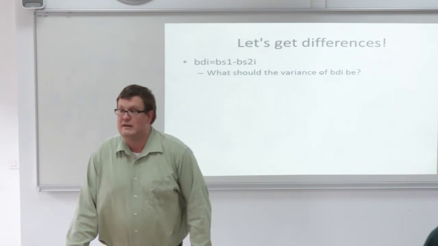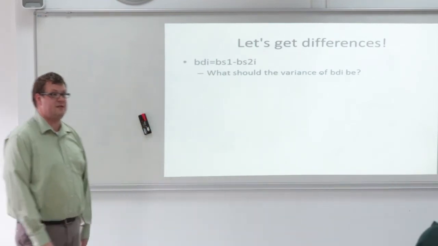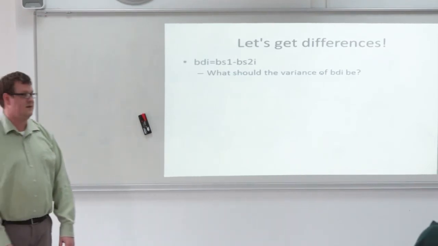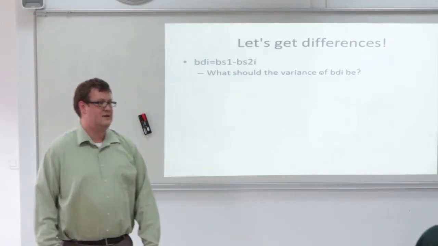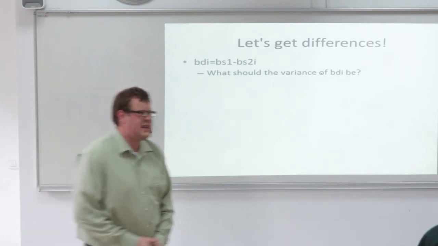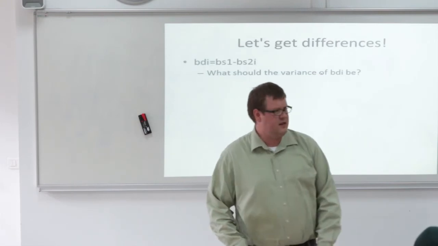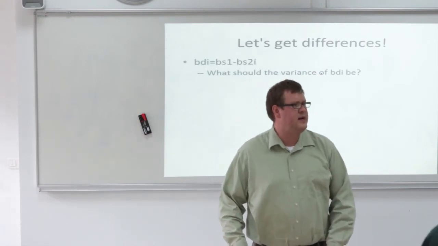Or what was the variance of the sampling distribution of the difference between means? What did I say last class? Did I say differences add or differences subtract? Add. I said differences add, and we were talking about independent samples there.